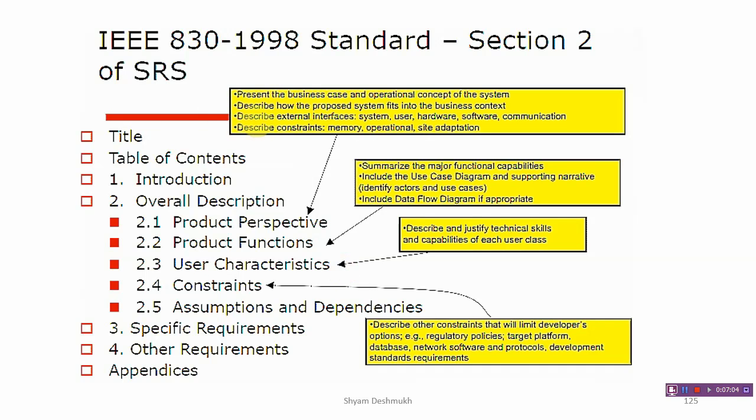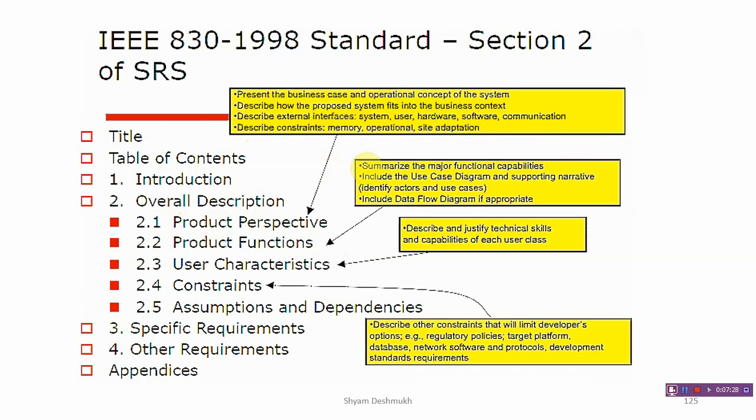In Section 2, you have to present the business case and operational concept of the system, describe how the proposed system fits into the business context, and describe external interfaces like system, user, hardware, software, communication, etc. Then describe the constraints like memory, operational, and site adaptation.